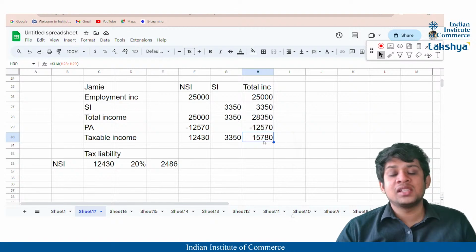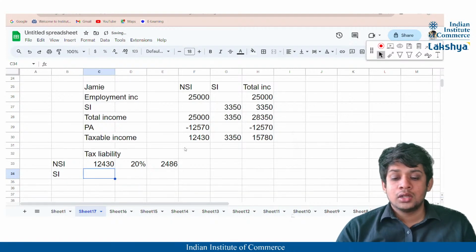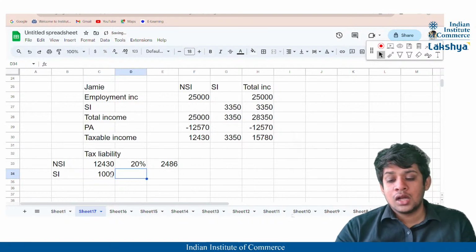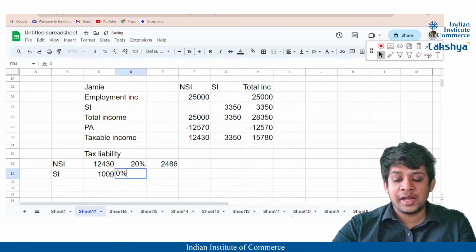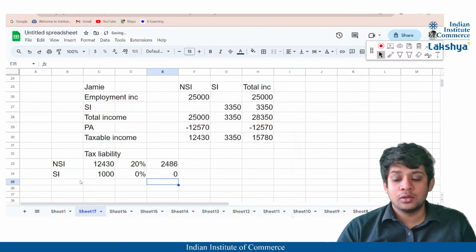But still, guys, I am a basic rate taxpayer because my income is less than 37,700. Right? So how will my tax liability be calculated? Now, for my savings income, the total is 3350. On the first 1,000, I will be charged at 0% tax, right? So, technically, here it will be 0.